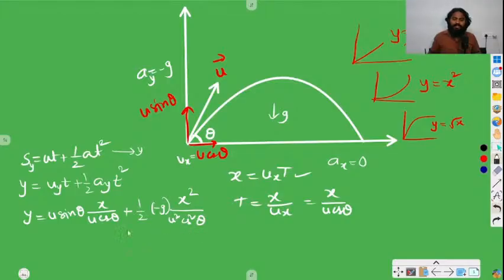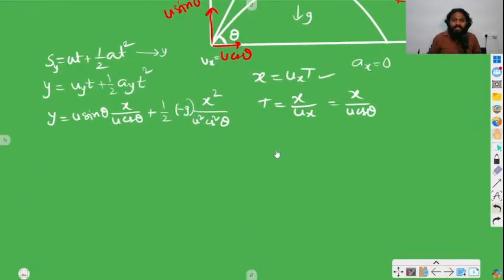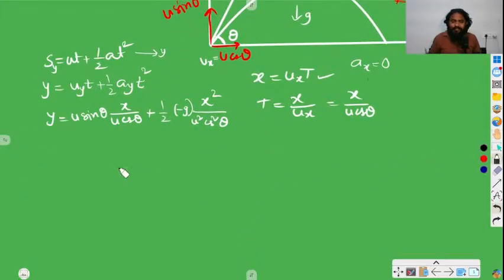This is about the t square. Now I can write this equation like this: y is equal to, here the u cancels, tan theta into x minus g by 2u square cos square theta times x square, right?